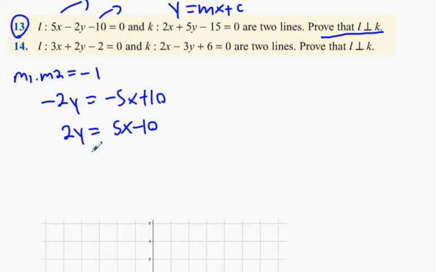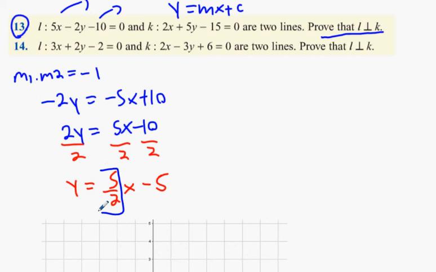Then I'll divide both sides by 2. And what happens next? Y equals 5 over 2x minus 5. What's the slope of this line? The slope is the number that comes in front of the x, doesn't include the x. So the slope of line 1 is 5 over 2. Are we alright with that?